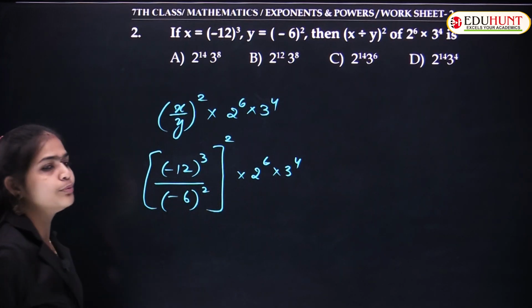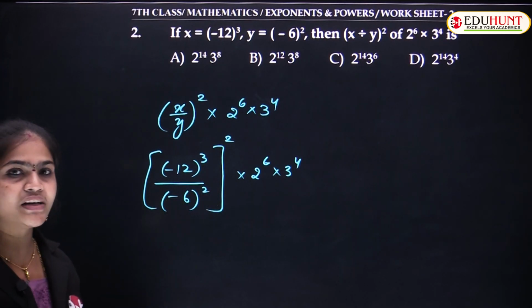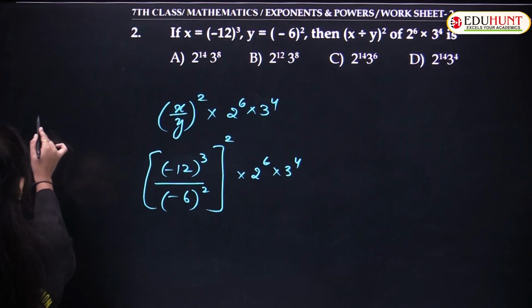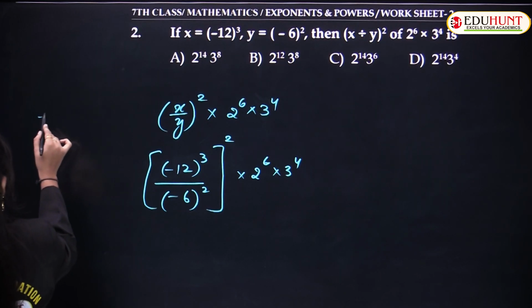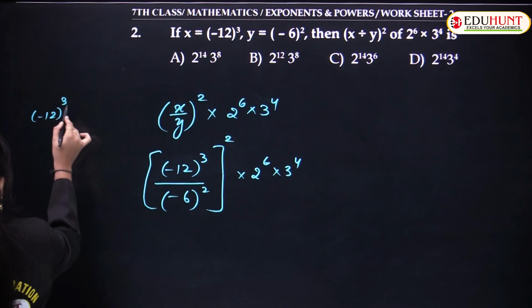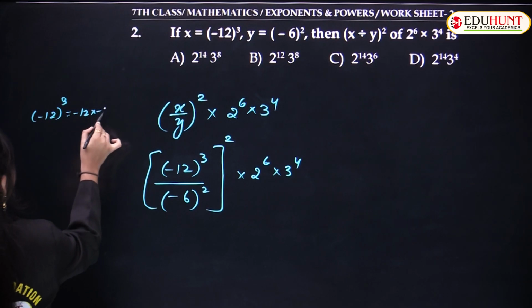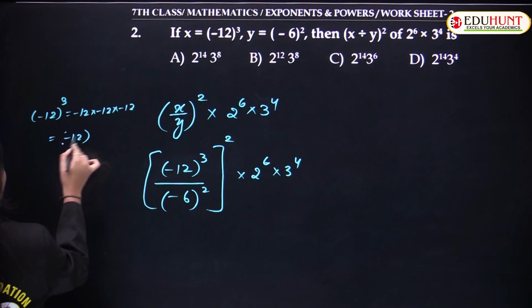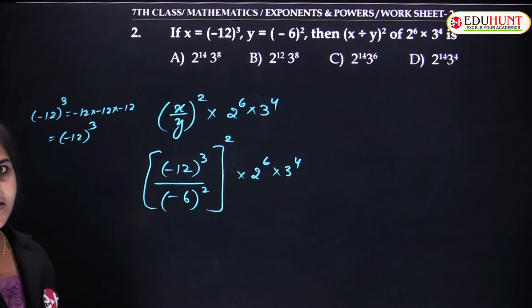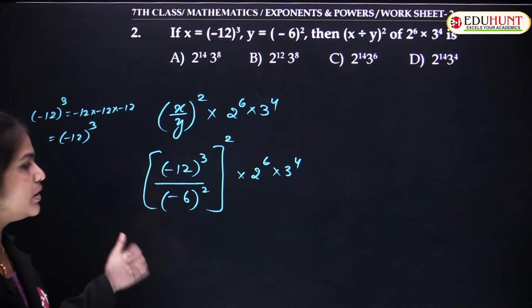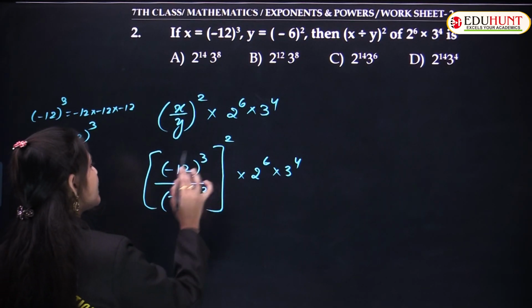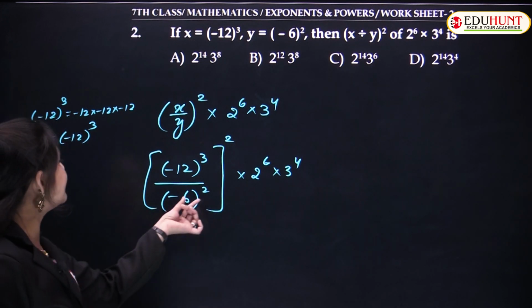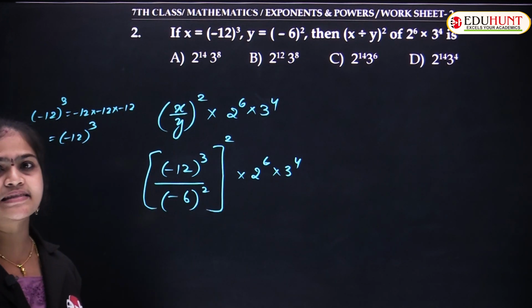Minus 12 whole cube, what will we get here? Minus 12 whole cube means minus 12 into minus 12 into minus 12. Again you will get minus 12 whole cube only, no? Minus into minus is plus, plus into minus is again minus only. That's why this is minus 12 whole cube. And here minus 6 whole square means plus 6 only.